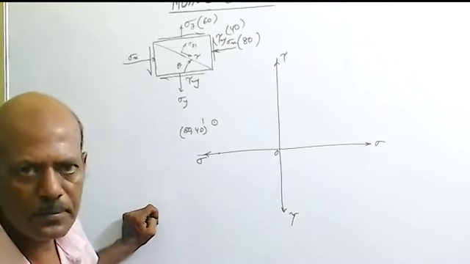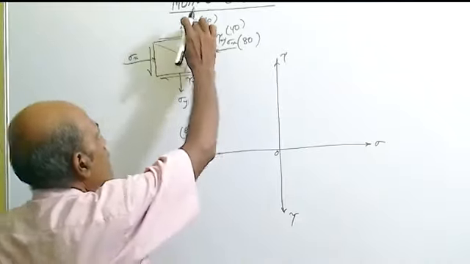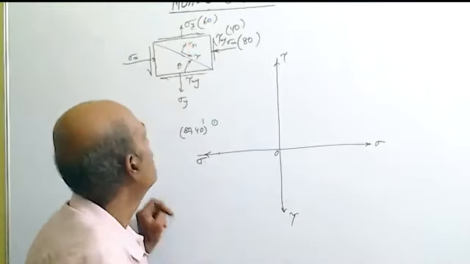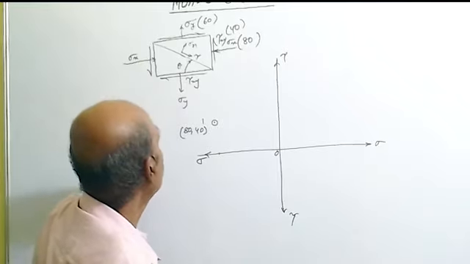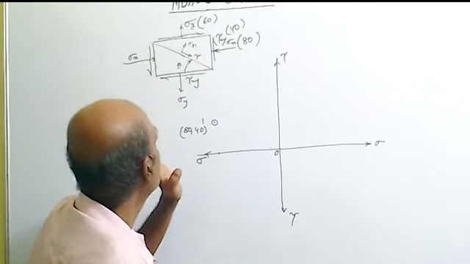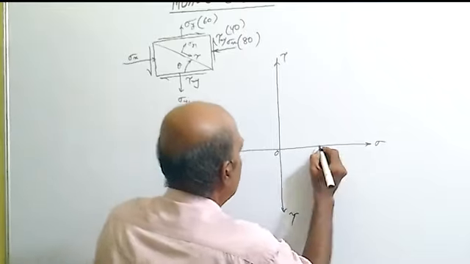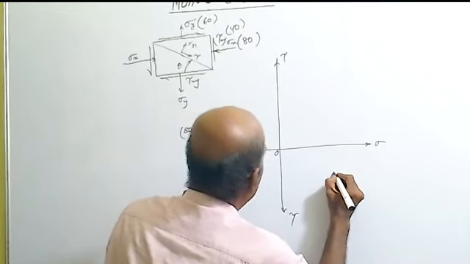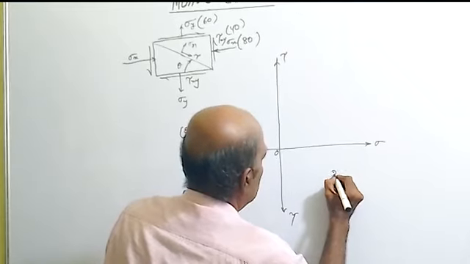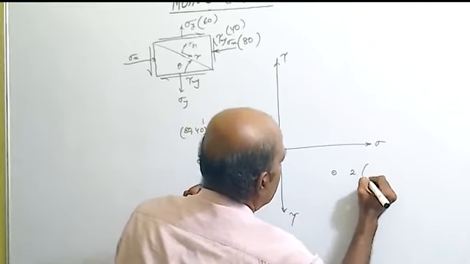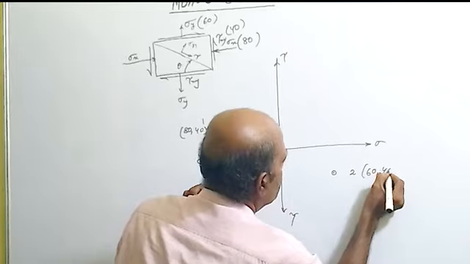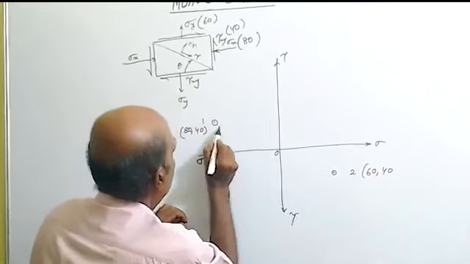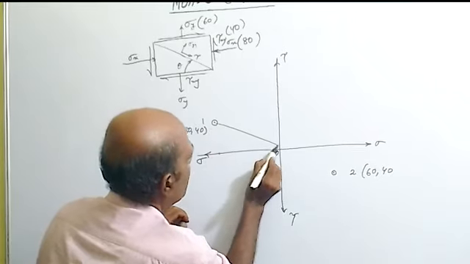Now go to the y phase, check the condition, that is sigma y positive and tau is negative. Sigma y is 60 and tau is 40. So by using the same scale, say this one 60 and let this one be 40. So we have got the second point, that is 60, 40. Now join point 1 and point 2 by a straight line.